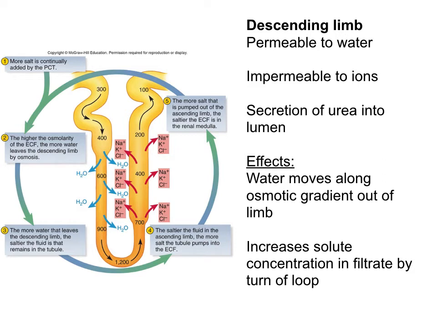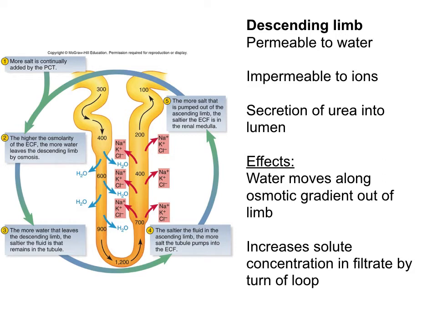And what you've learned about water is water likes to move from an area of high concentration to an area of low concentration. So because of the concentration gradient created by the ascending limb, you're going to have water moving by osmosis from the inside of the descending limb out into the interstitial fluid of the kidney, and from there back into your blood.